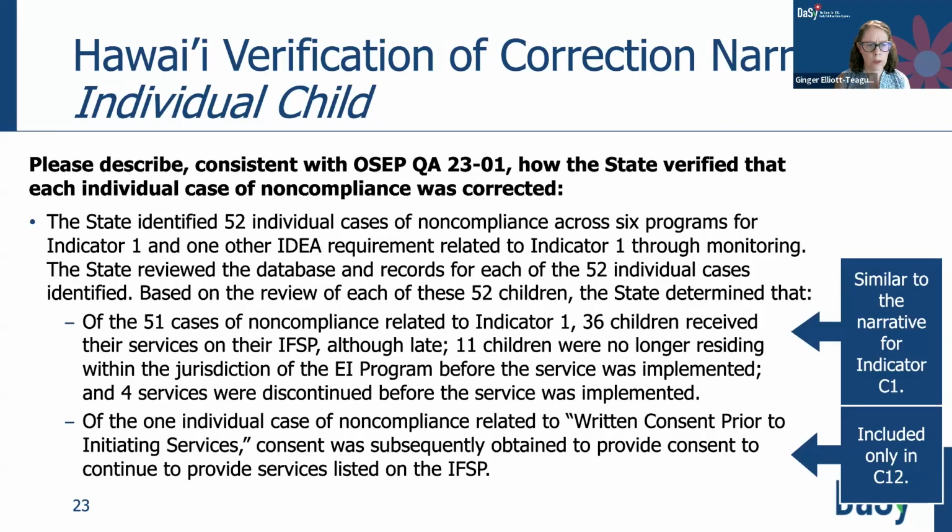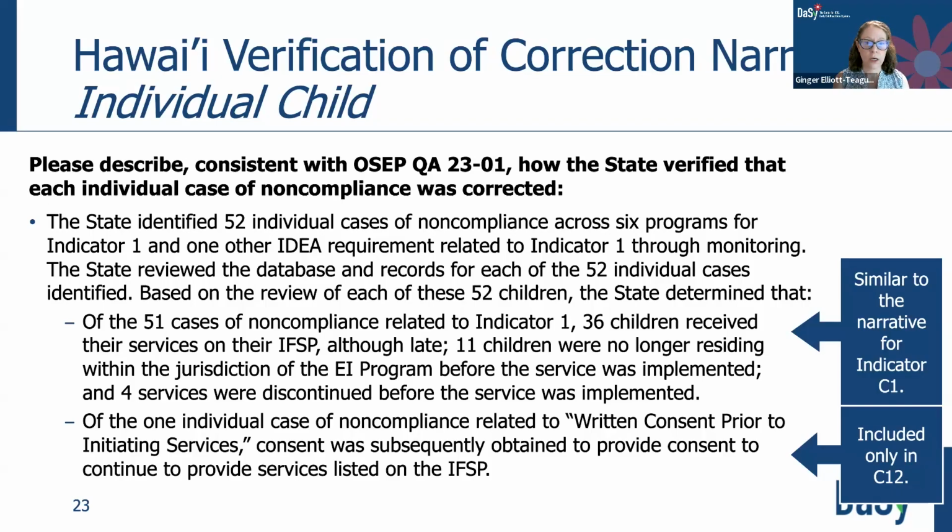It's just a slight summary and rewording of the list of cases and the outcomes of those. So 36 received their services though late, 11 were no longer residing, etc. And then they provide that information about that final individual case that is only relevant to indicator 12: consent was subsequently obtained to continue to provide services.